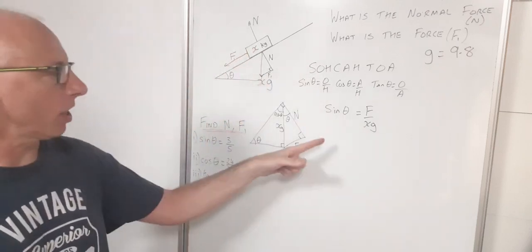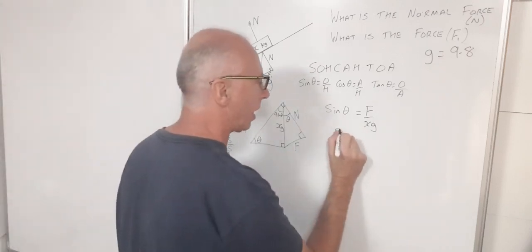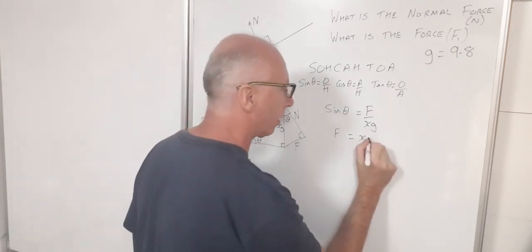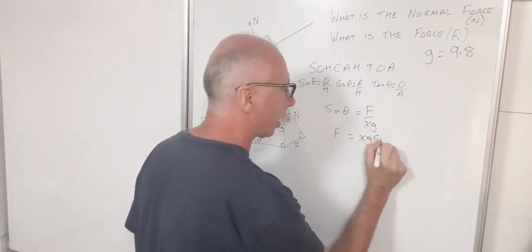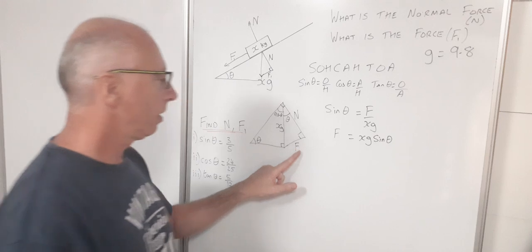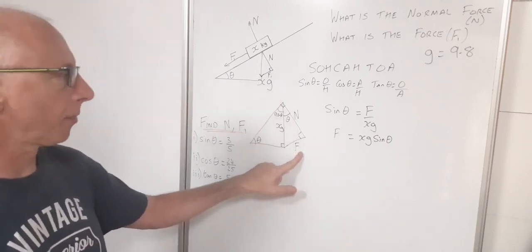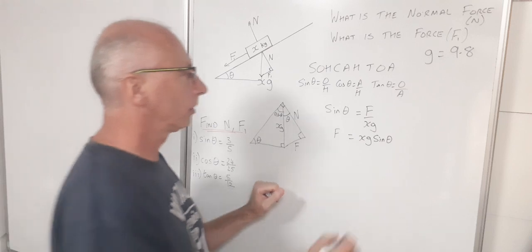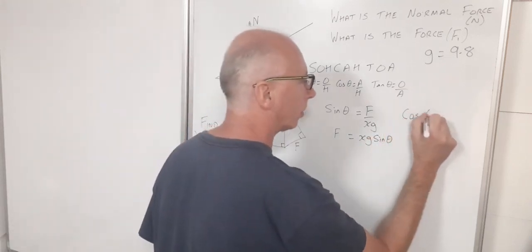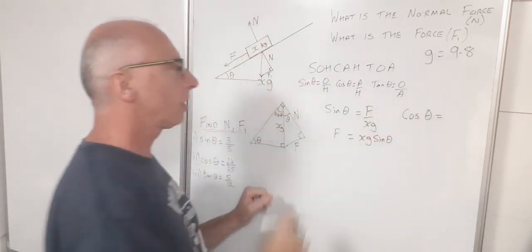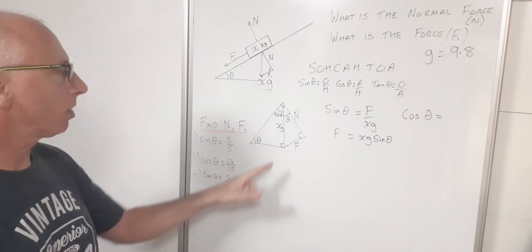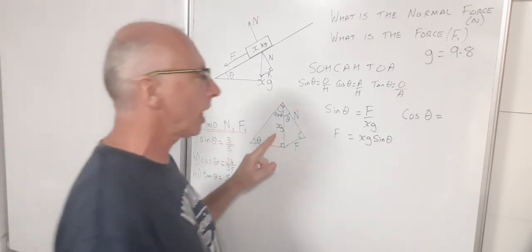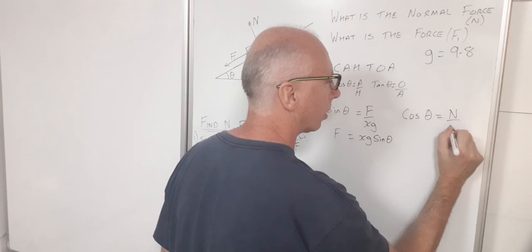Now to get F on its own, I just multiply both sides by xg. I've got xg sine theta. So that's my force F. Now if I use cosine of theta, that's adjacent over hypotenuse. I've got the force N, and the hypotenuse again is xg.